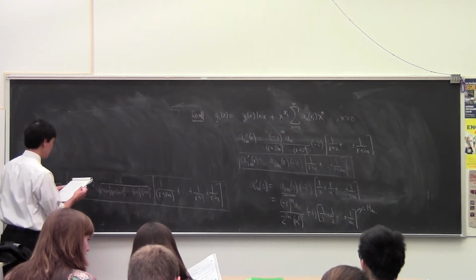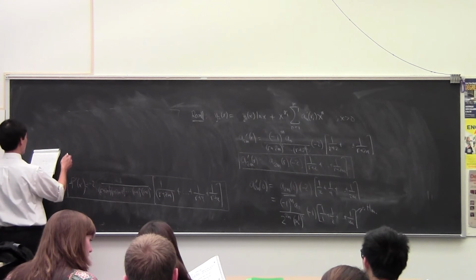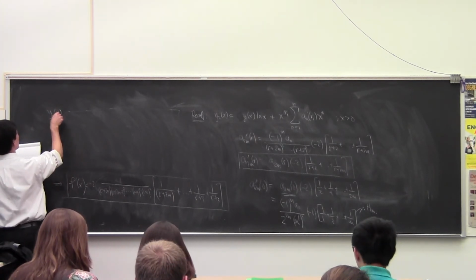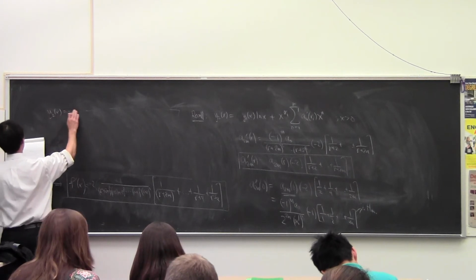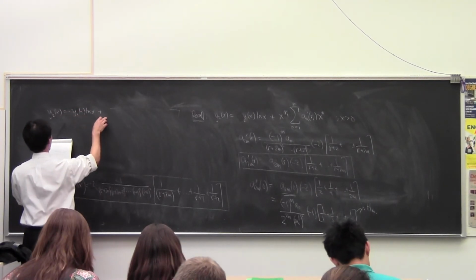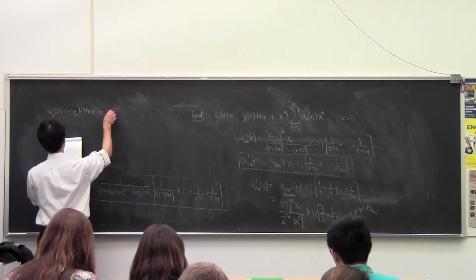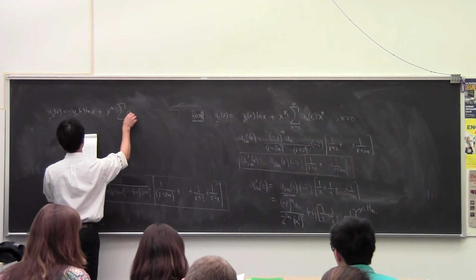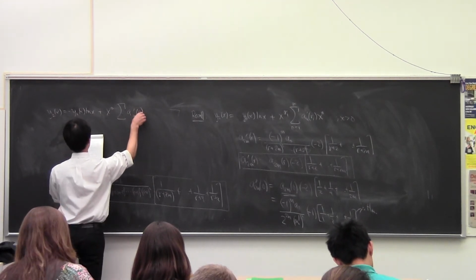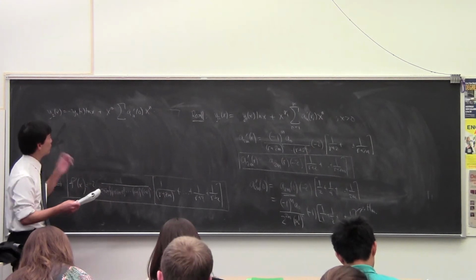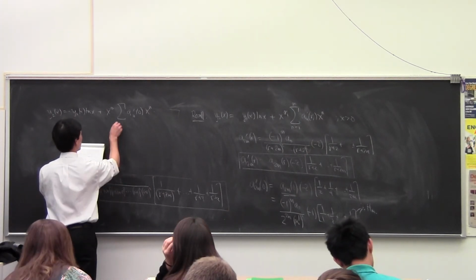So at least we know that we knew y2 of x was like this: y1 of x times log x plus x to the 0, a n prime of 0 x to the n. And we know what the even terms look like.